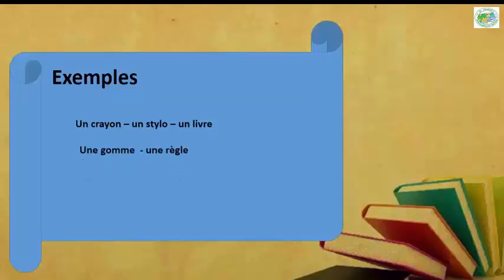Ça va? Une gomme, une règle. Des cahiers, des feutres. Ok? Une gomme, féminin. Une règle, des cahiers, cahiers avec S, plural noun, des cahiers, des feutres. Alors, c'est clair?